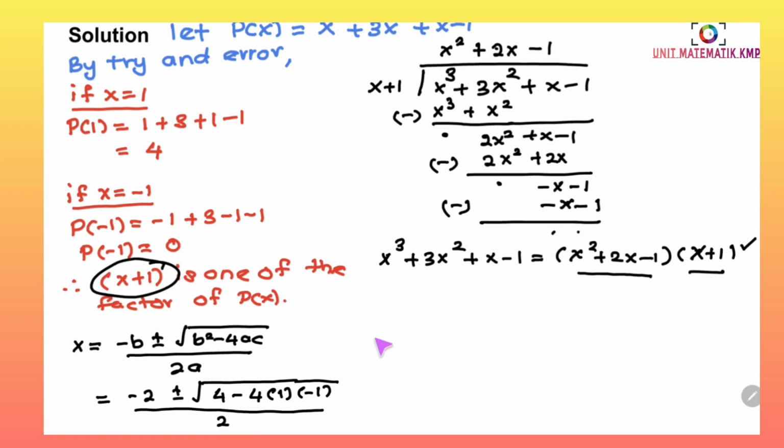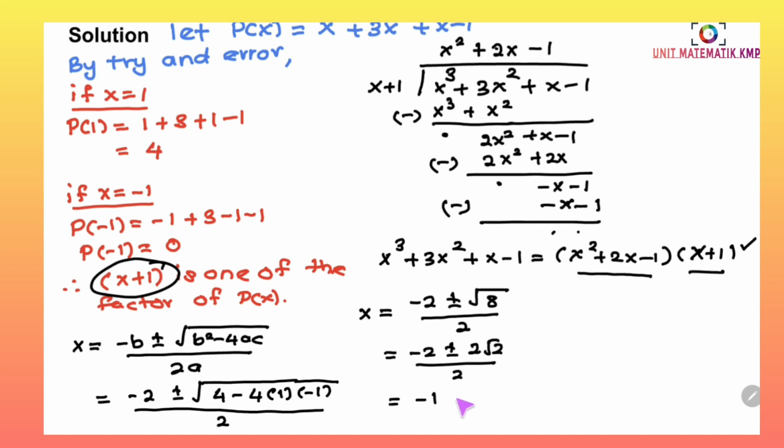So x is equal to negative 2 plus minus square root of 4 plus 4 is 8, over 2. The square root of 8 is the square root of 4 times 2, so we have 2 square root of 2 over 2, and the roots we should have are negative 1 plus minus square root of 2 after we simplify.